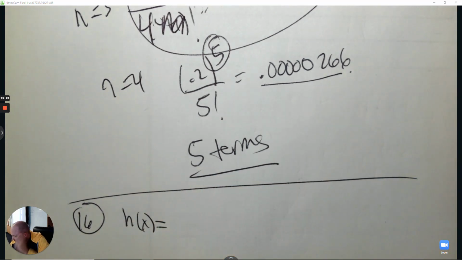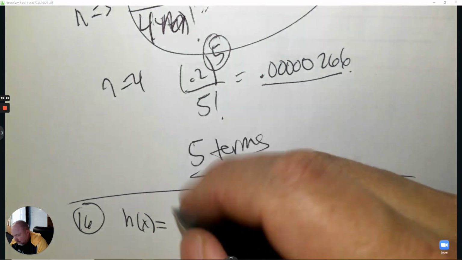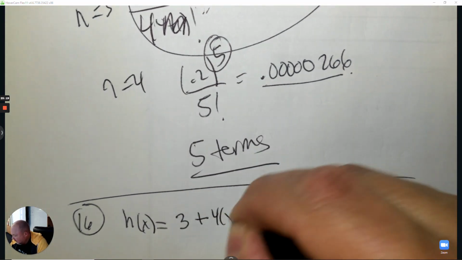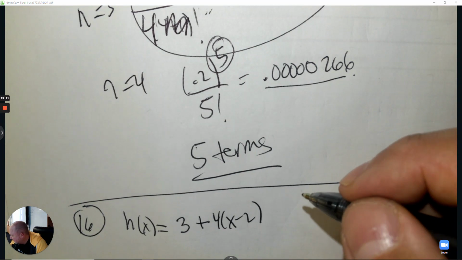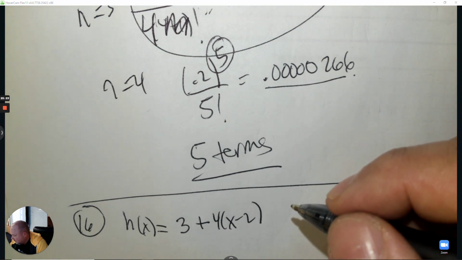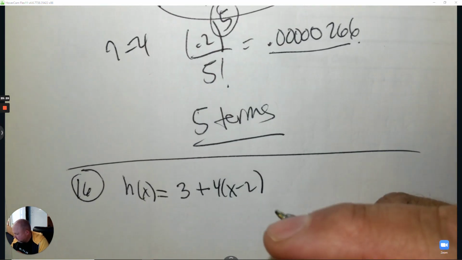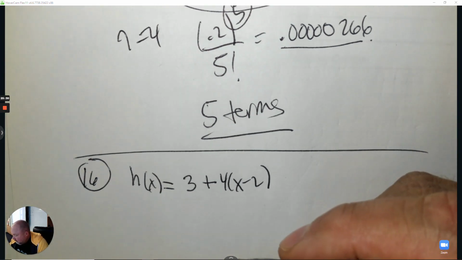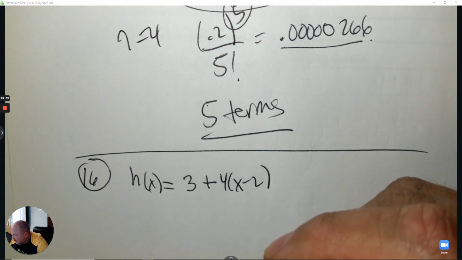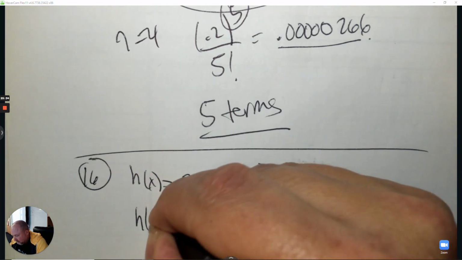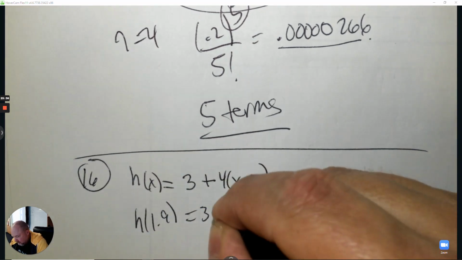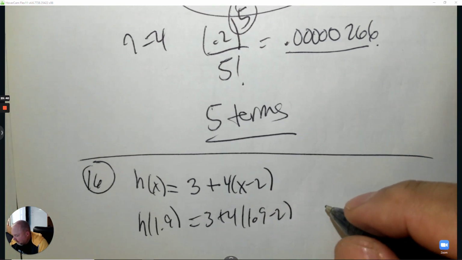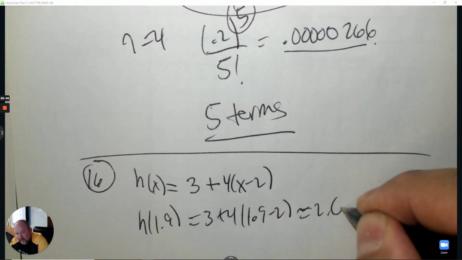For x equals 2, it's 3 plus the derivative, which is 4, times x minus 2. So those are two terms right there. And then you plug in 1.9, and that gives you an answer of 2.6.